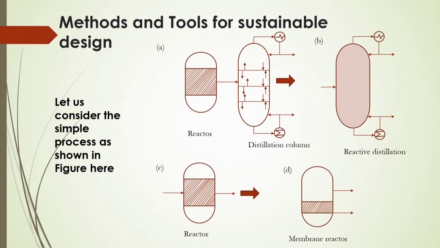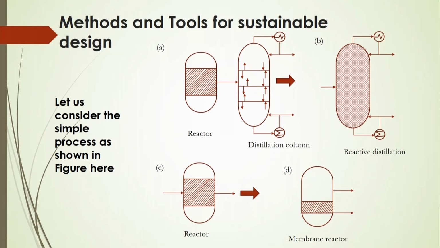So, by conjugating these two operations, the reactor and the distillation, that is, the conjugation of the reaction and separation processes, we can design the reactive distillation just by considering the economic and also some other operational factors to get a sustainable design.